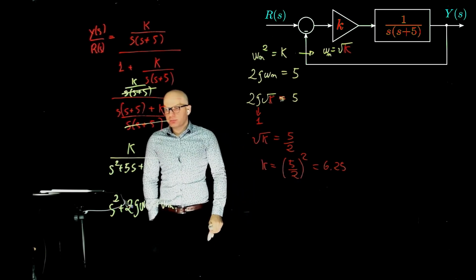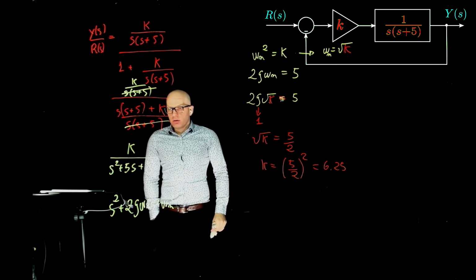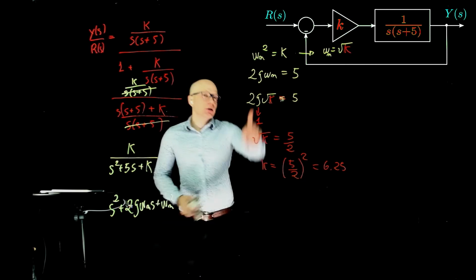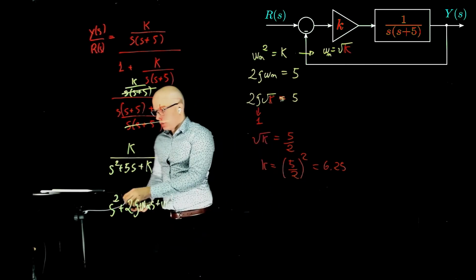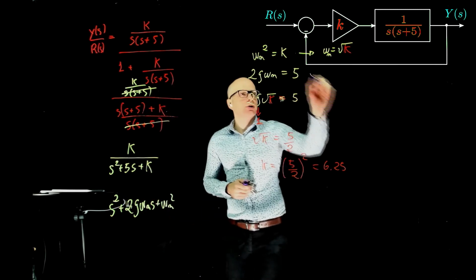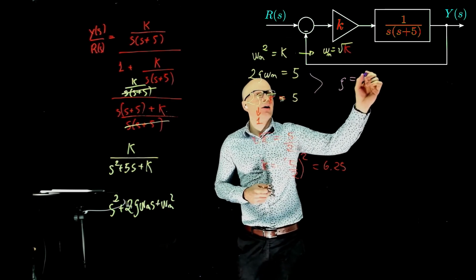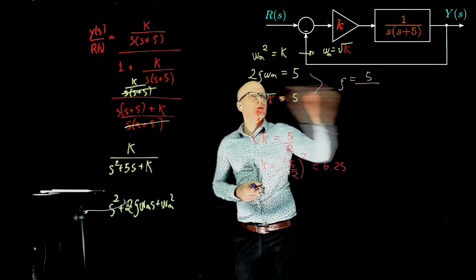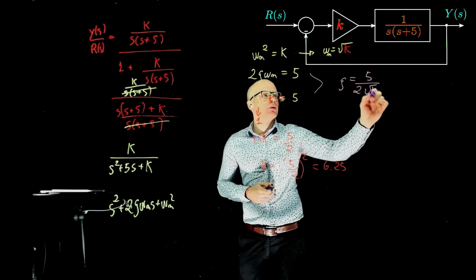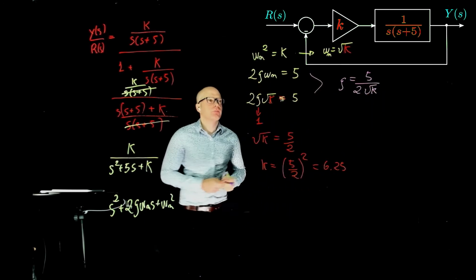Higher. If we go higher, I think it's smaller. Let's see. Let's look at the equation here. If we write the expression for zeta, we have 5 over 2 square root of k.